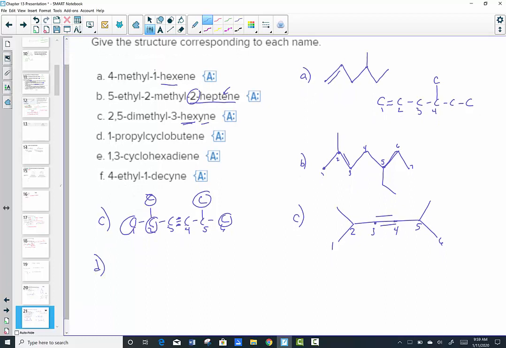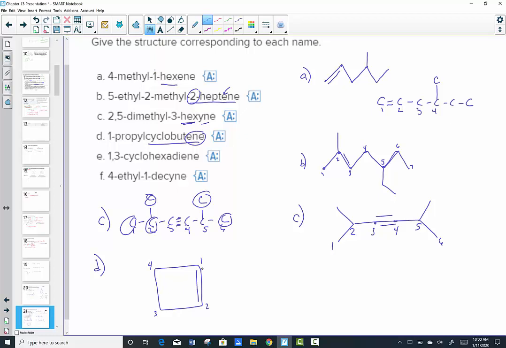All right, letter D. 1-propyl cyclobutene. I like to draw the backbone first before I worry about substituents. Cyclobutene tells me that's a square, 4 carbons in a cyclic structure. Ene tells me double bond, so I can pick any of the sides and let's draw a double bond. And by definition, I now know the position of the double bond is always between carbon 1 and 2.